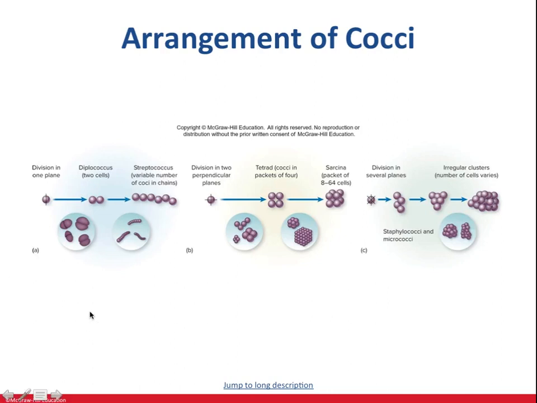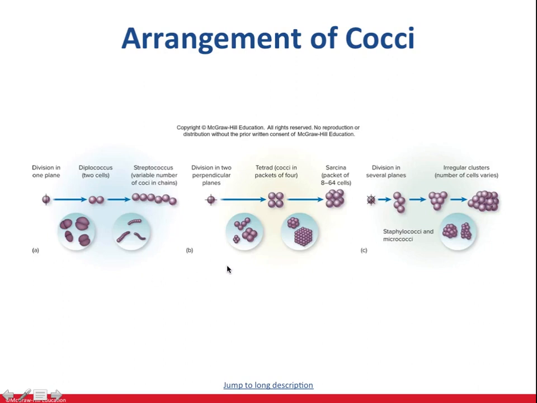As we can see in this diagram, if the cocci divide in one plane, this is the diplococcus, that means two cells. If many cells link together by the ends to form a chain, this is streptococcus.